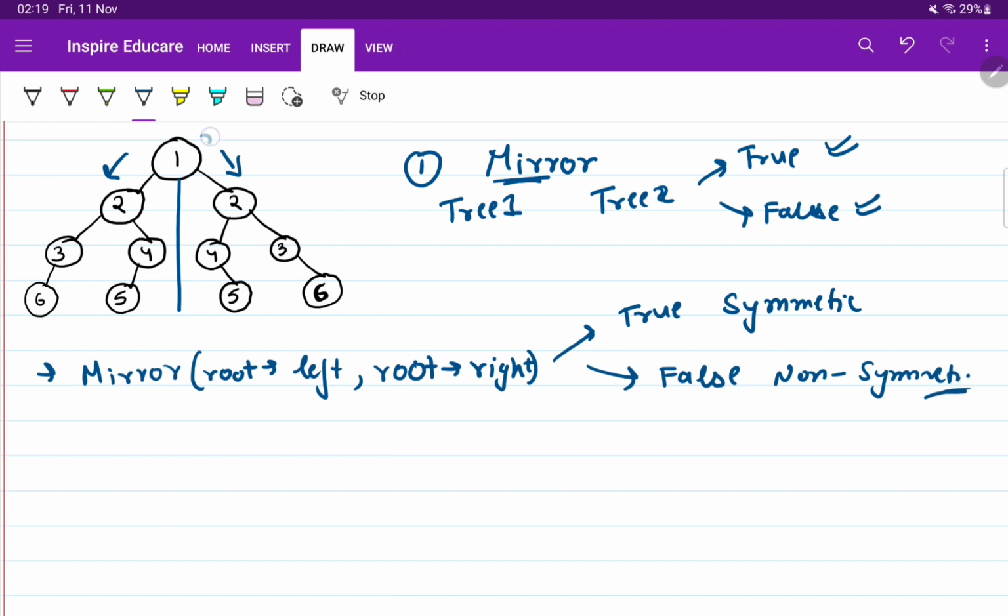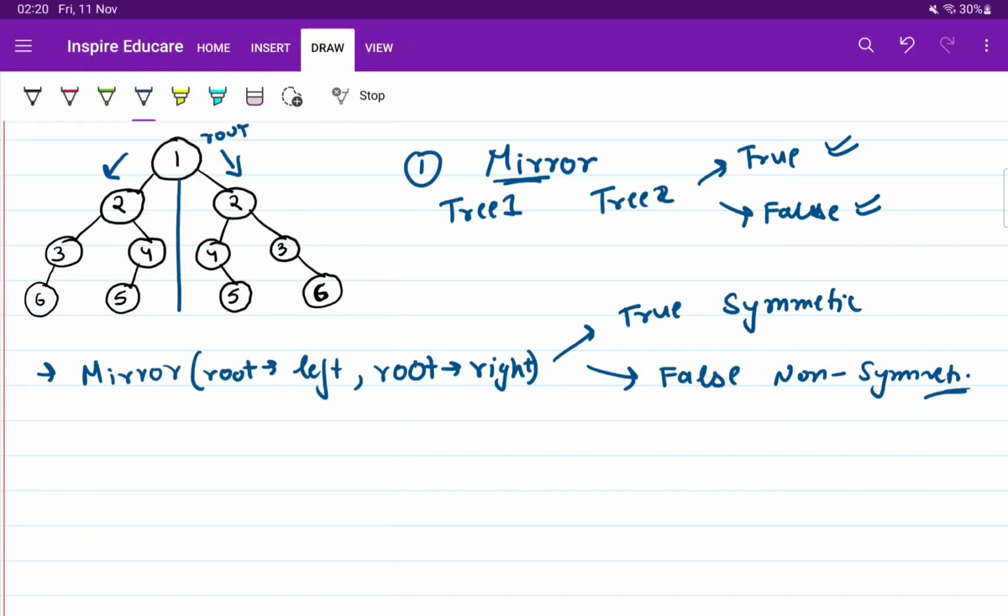Can I say that? We can say that, right? If the left side and right side are mirror to each other. So this is our first condition, right? Okay, so we have our first condition.